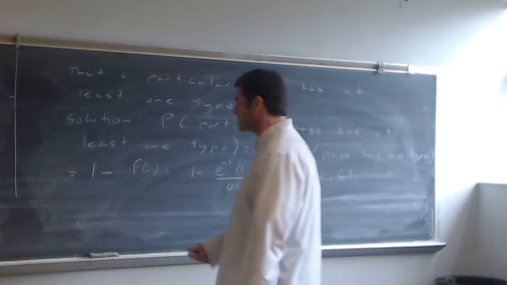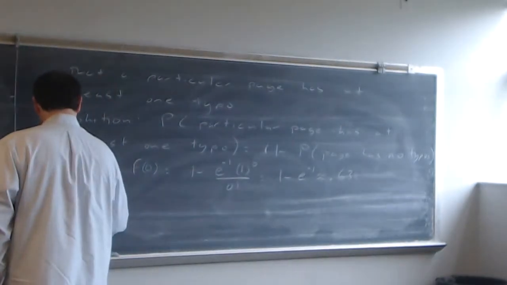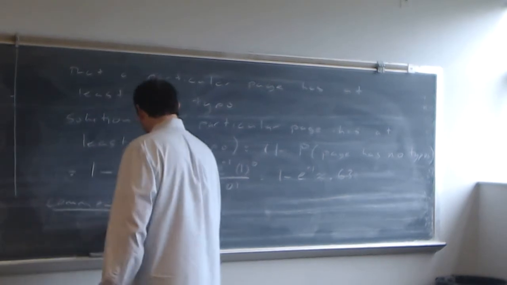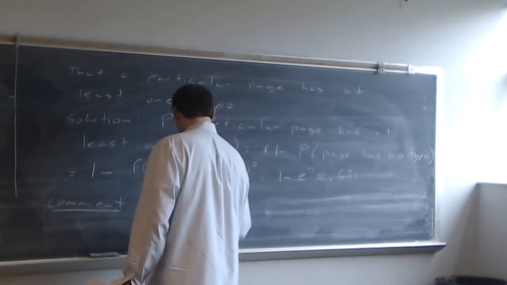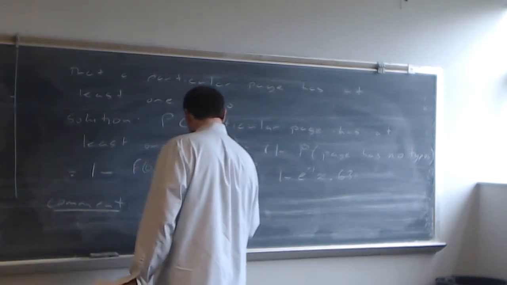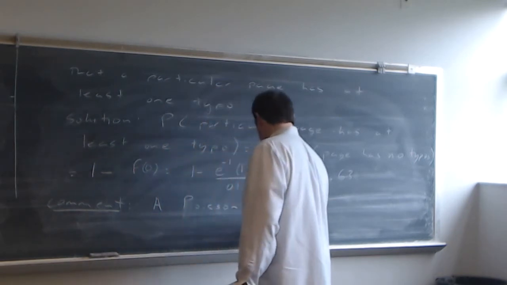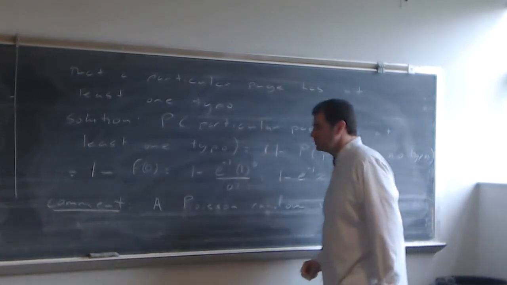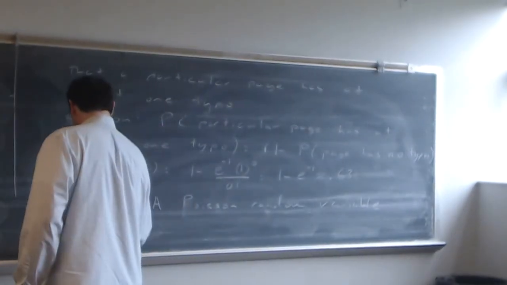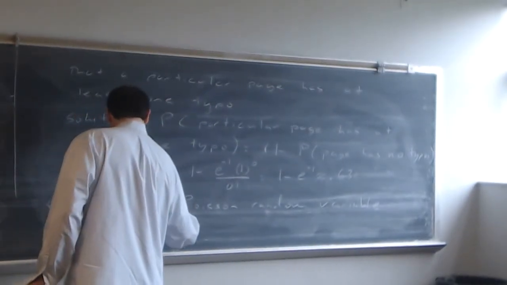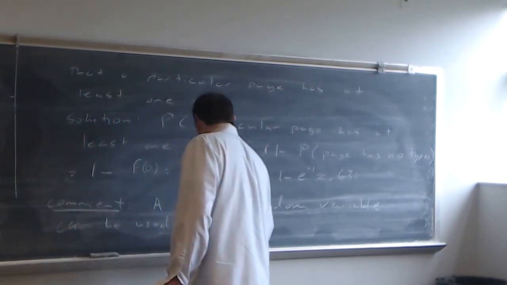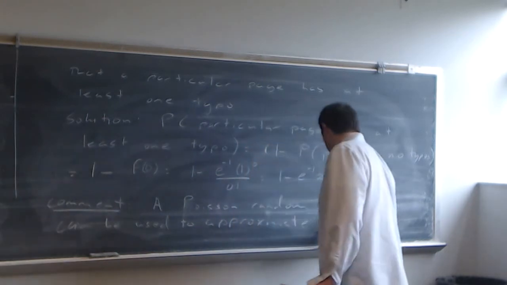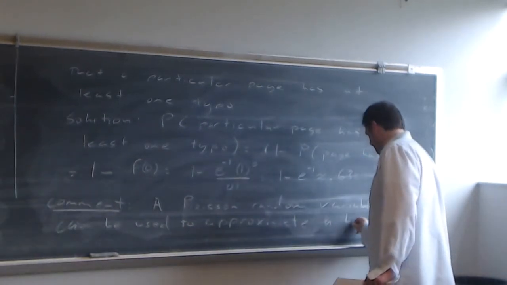As a comment, a Poisson random variable can be used to approximate a binomial random variable.